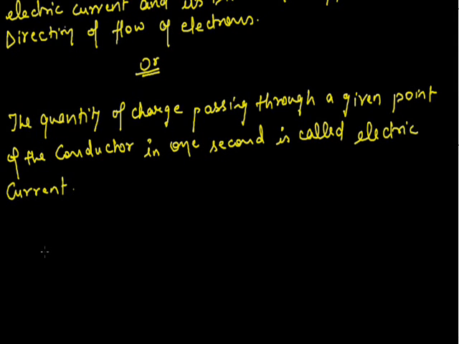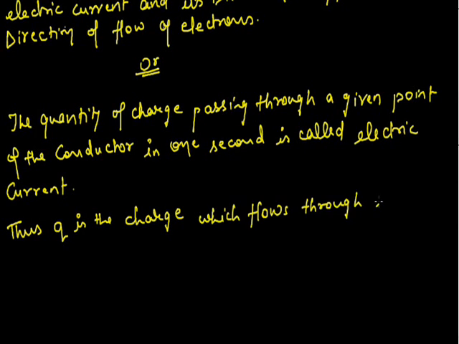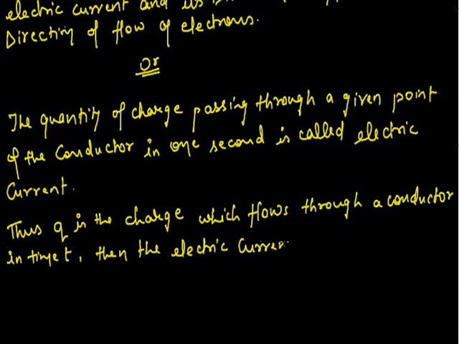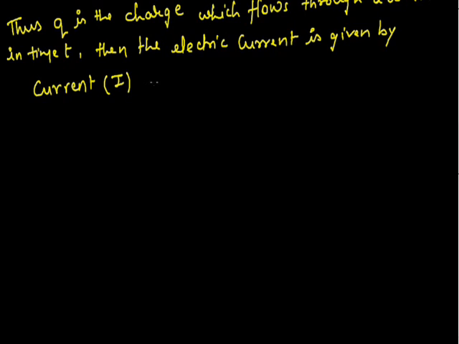Thus, if Q is the charge which flows through a conductor in time t, then the electric current is given by I equals charge Q upon time t.